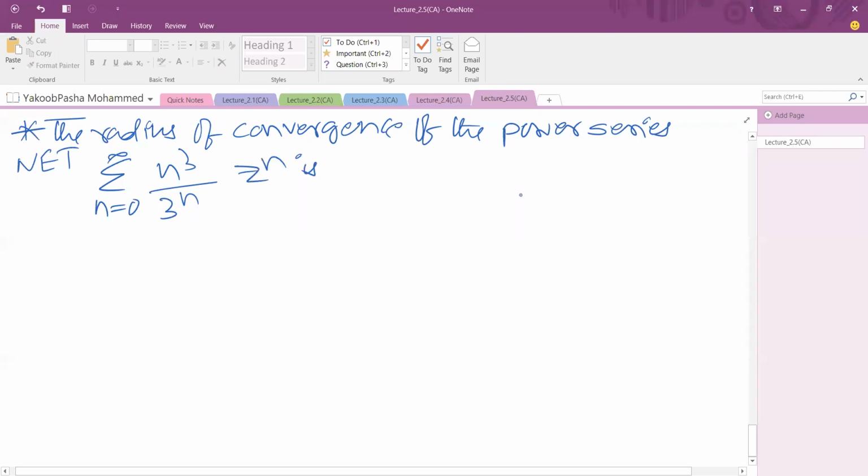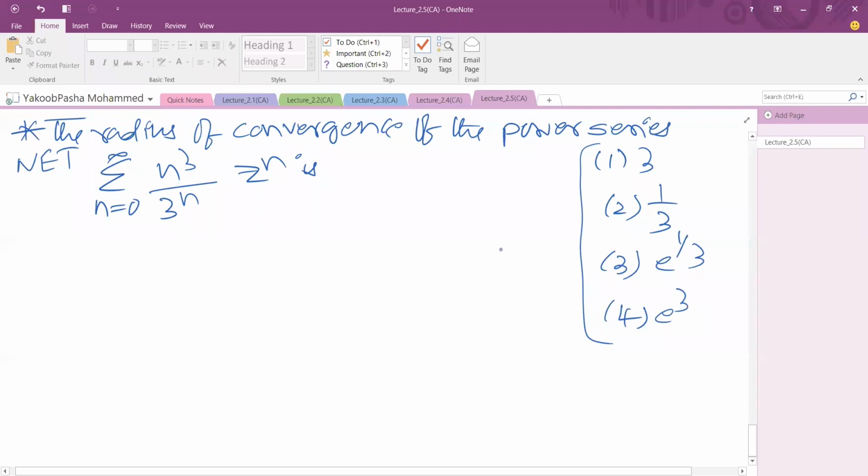We have options. You can respond in the chat box. First option 3, second option 1 upon 3, third option e power 1 by 3, and fourth option e power 3. These are the options.